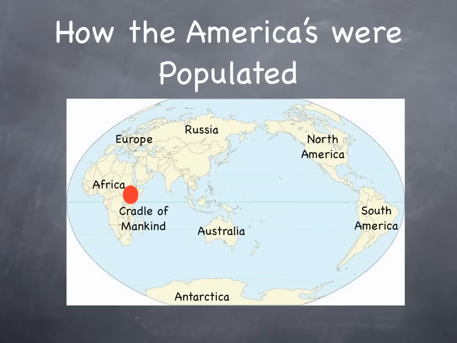We're not quite sure why, but there's a significant change, and we think it has to do with language, ironically. So, cradle of mankind, human beings start right there in Africa. That's around the Ethiopia area. That's a general guess by current archaeologists, anthropologists, and geneticists.